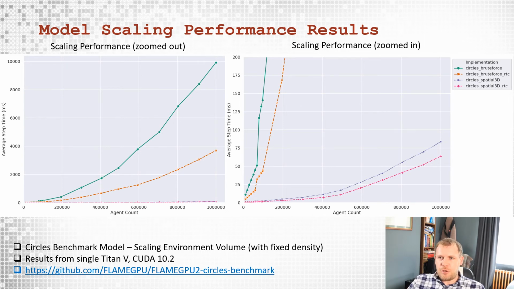And then for the circles model in spatial, we see that there's still a performance improvement for RTC, but it's not quite as significant. That is simply down to the latency introduced by having a hash lookup function, which is obviously repeated many times within the brute force case. This code again is available to download and rerun and reproduce these results.